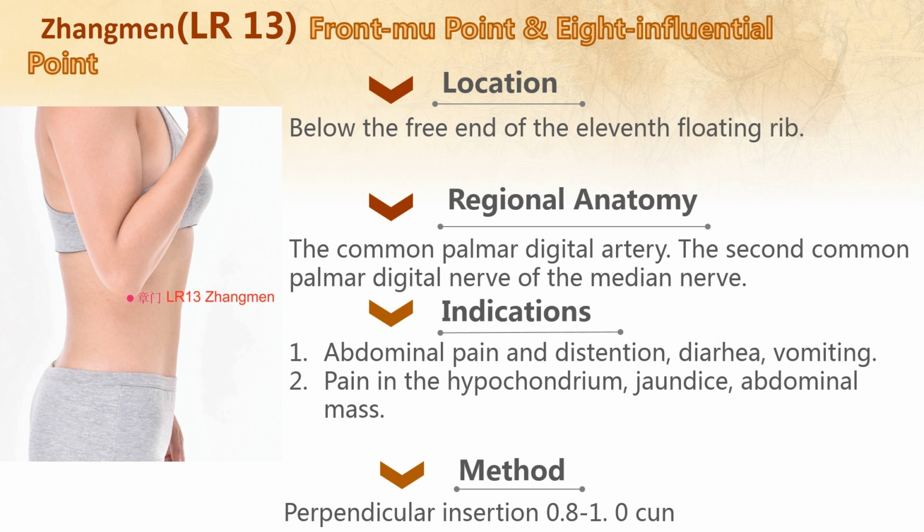This point can be used to treat abdominal pain and distension, diarrhea, vomiting, pain in the hypochondrium, jaundice, and abdominal masses. The operating method is perpendicular insertion 0.8 to 1 cun.